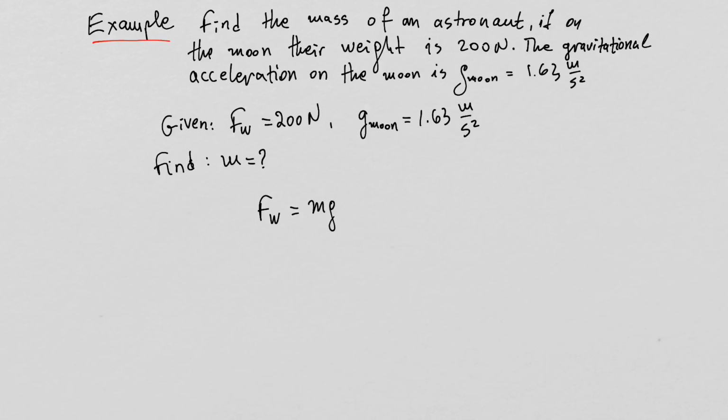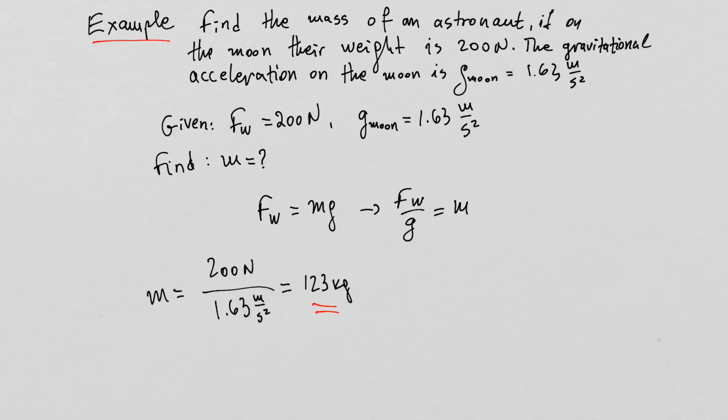So if I divide both sides by g, what I get is Fw divided by g is equal to m. And so this will be my working formula in which I can substitute the values of the weight and the gravitational acceleration to calculate the mass of this astronaut. So the calculation becomes 200 newtons divided by 1.63 meters per second squared, which is equal to 123 kilograms.